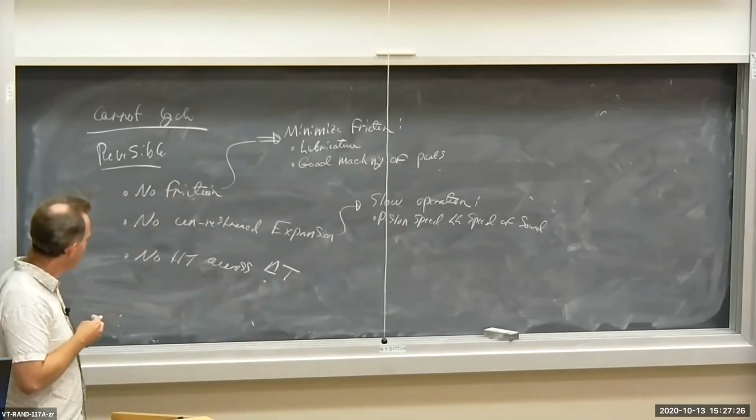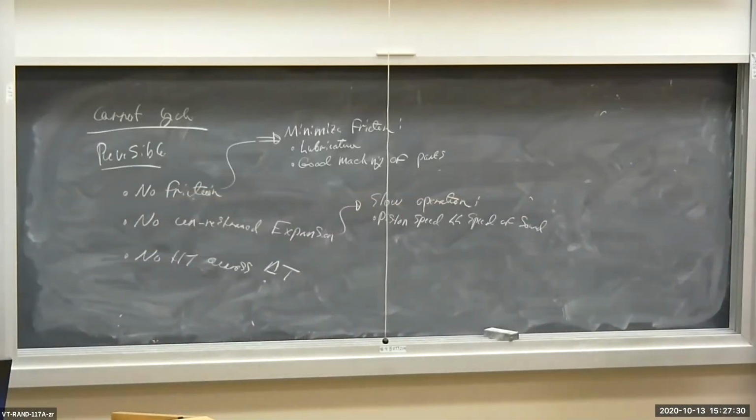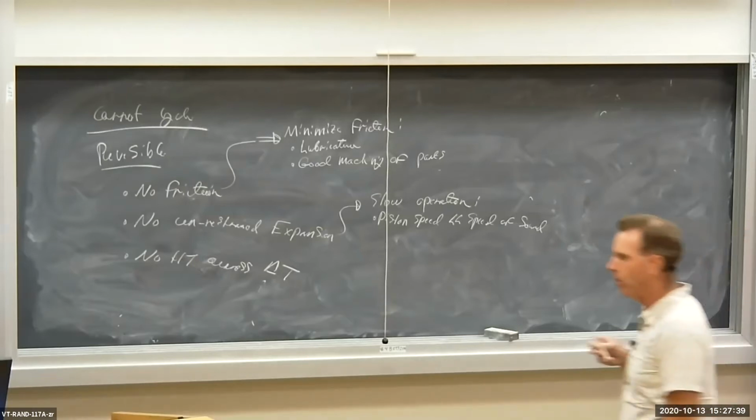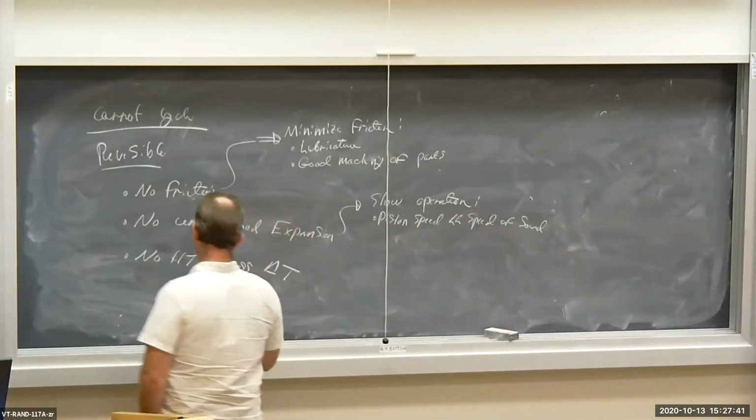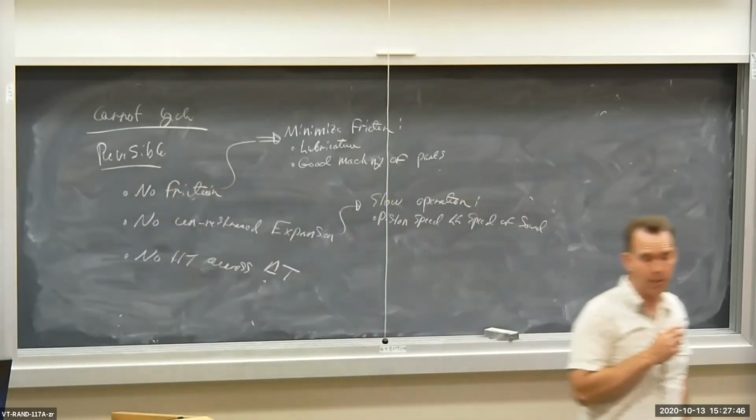Now, the last one here, no heat transfer across a finite delta T. That's the one where we get into trouble when we try to envision how we could build a physical, practical, commercially available Carnot cycle. This is the one that is difficult or basically impossible to implement.